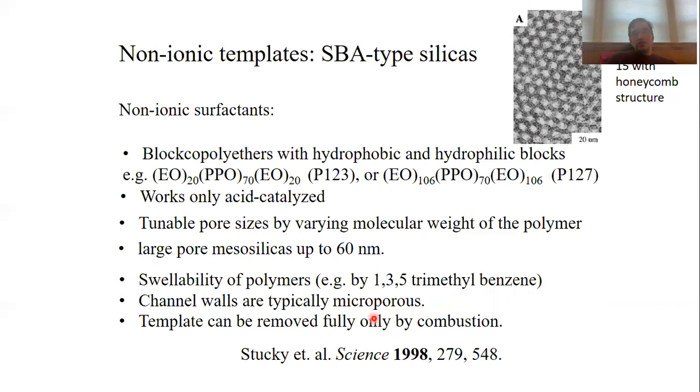So one significant difference between these block copolymer templated periodic mesoporous silica and the ionic surfactant templated mesoporous silica is that the pore walls of the mesoporous silicas templated with a non-ionic surfactant are typically microporous, while those that are templated by a cationic surfactant are typically not microporous, they are dense.